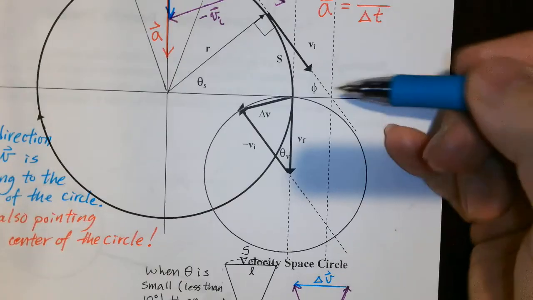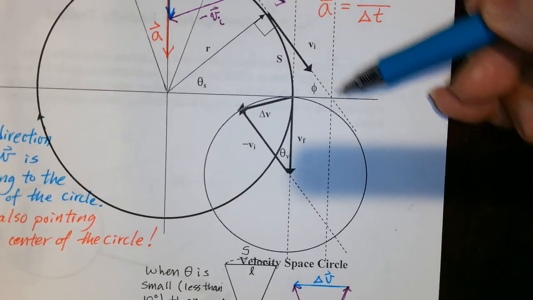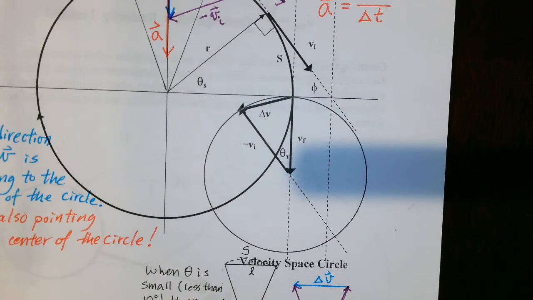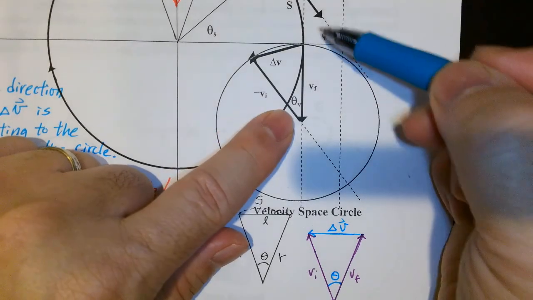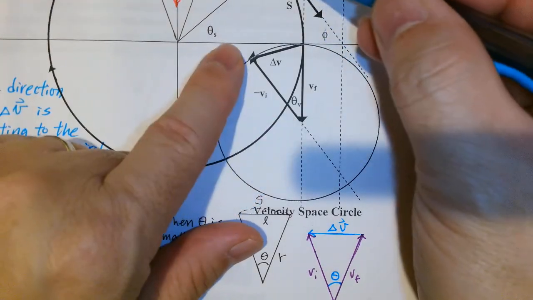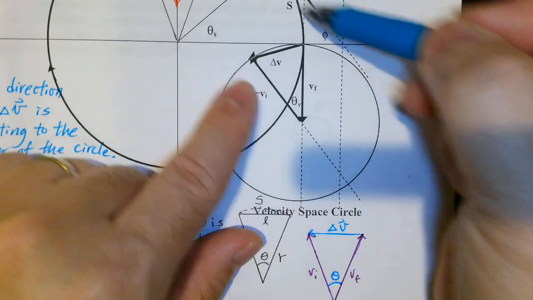Okay, you can see that happening if you were to look at this proof. It's pretty much the same angle if you were to follow these two parallel lines.